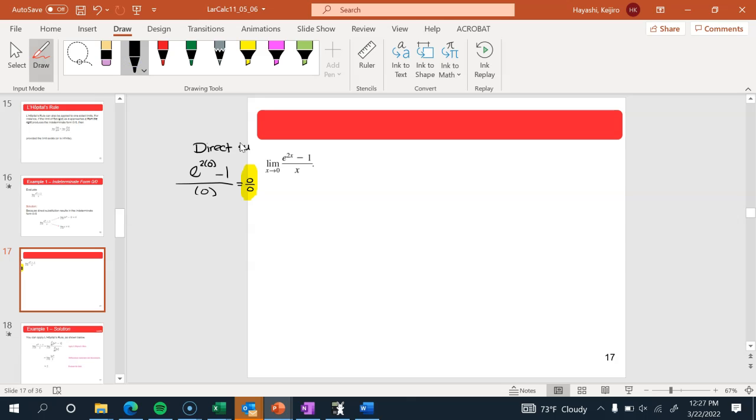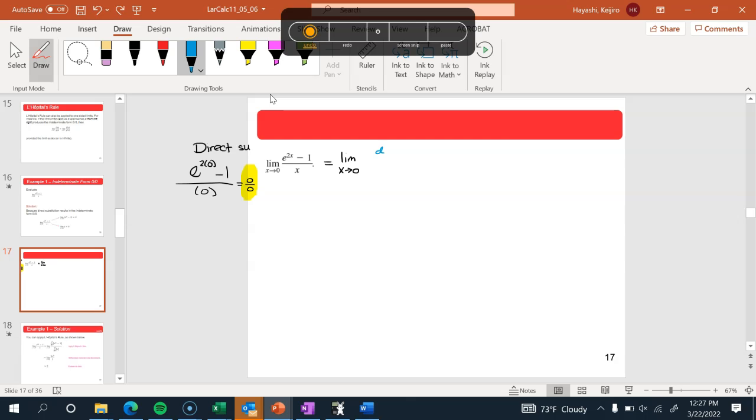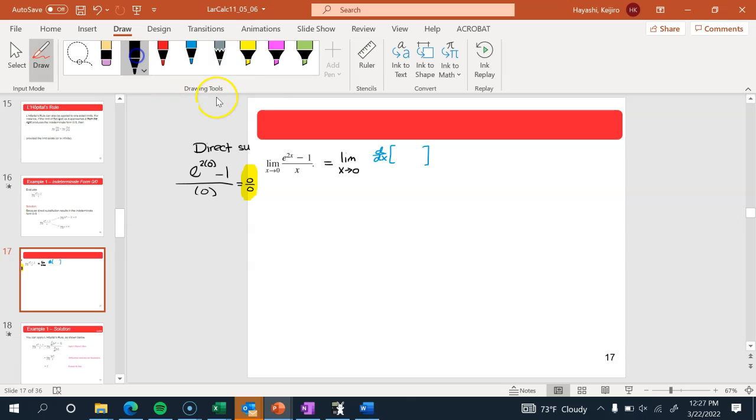Okay. So what you do instead is you take this, and it should equal the limit as x approaches 0 of the derivative of the top over the derivative of the bottom.